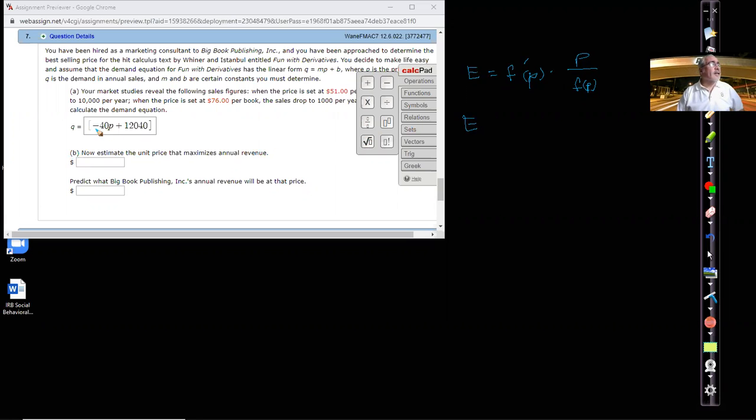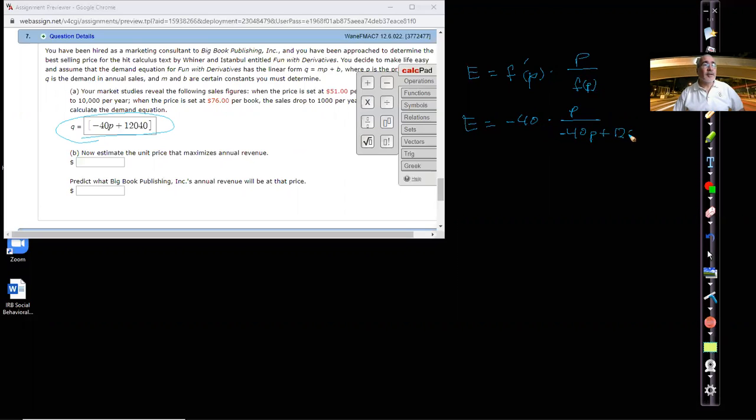So we're looking at this function here. The derivative is going to be negative 40. Multiplied times P from the formula divided by the equation from the formula, which is minus 40P plus 12,040.